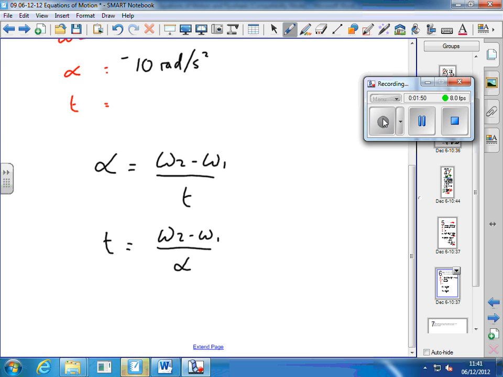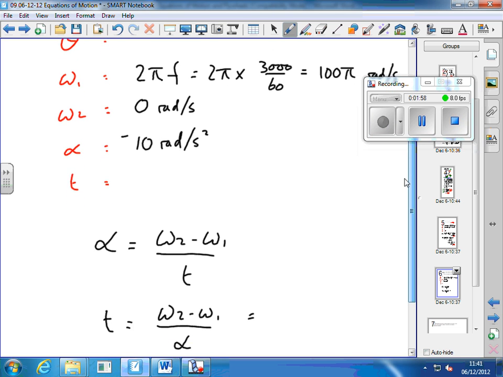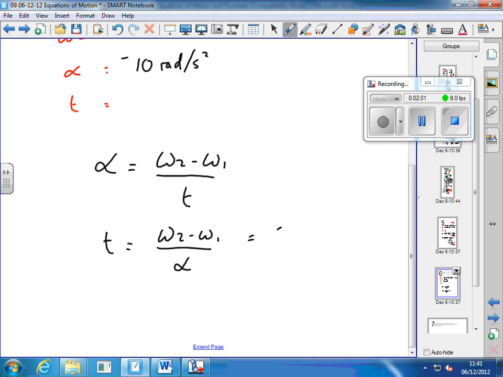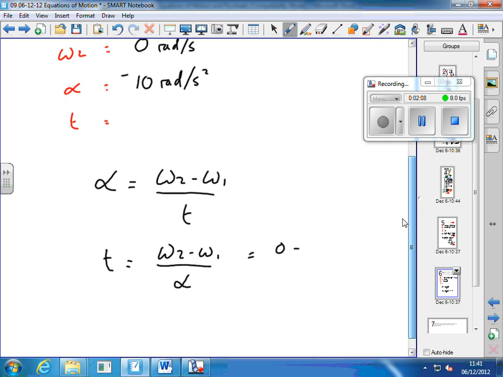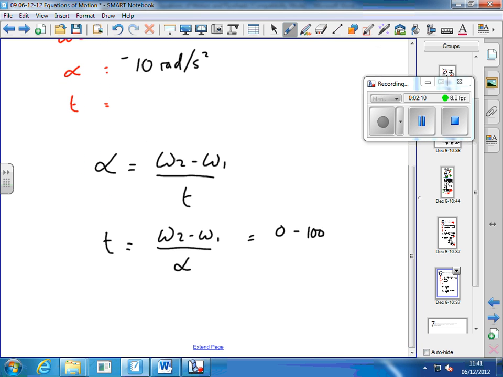So now we've just got to put in the values, and we can work out the time it's going to take for this thing to stop, which is omega 2, which is 0, minus omega 1, which is 100 pi, over alpha, which is minus 10.